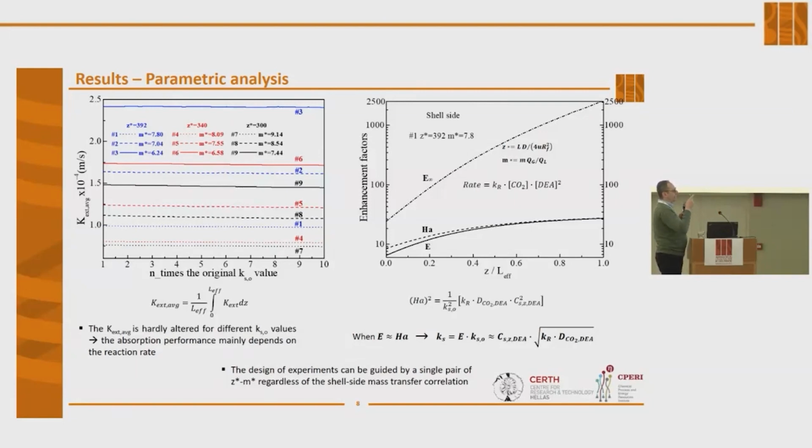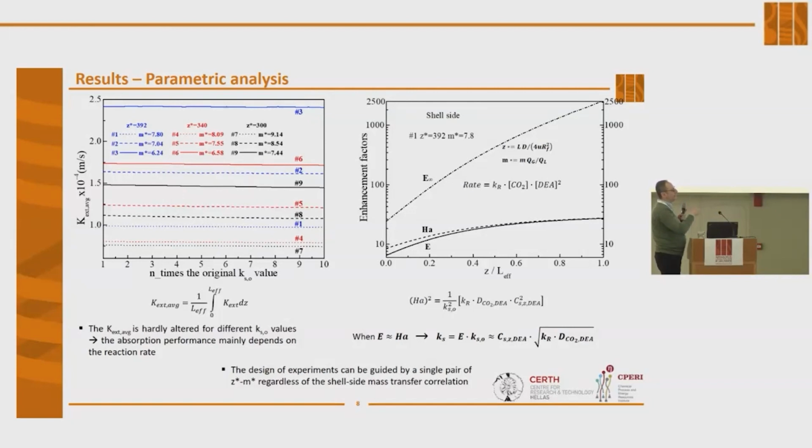And we count from right to left because we have a countercurrent mode of operation, and the enhancement factors are higher on the right. We see that the Hatta number and E are almost equal in the whole length of the cell.